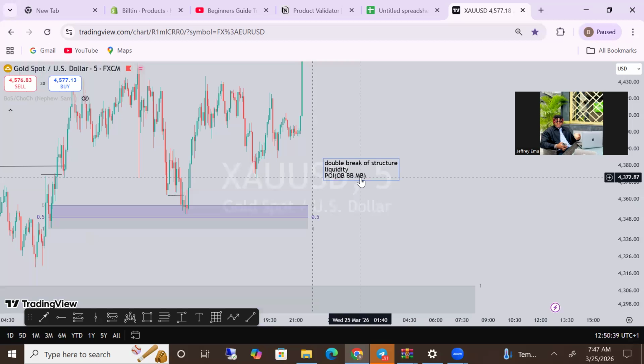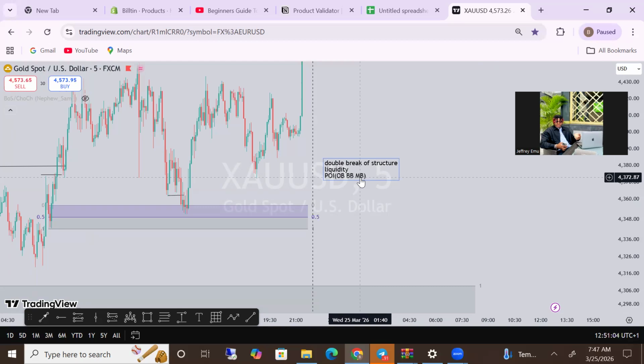Now, I would have added fair value gap into this criteria, but I'll leave that for part 3 of this mentorship course, because fair value gap is on its own. It's not so familiar with this particular setup.